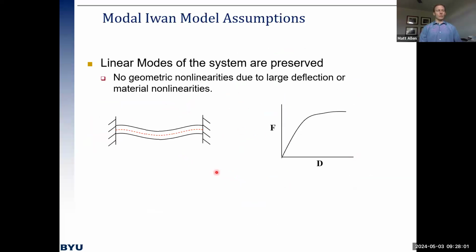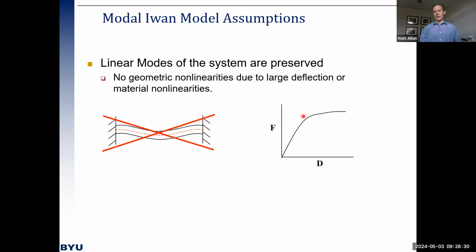So what are the assumptions? This assumes that we have weak nonlinearities. It works best when the stiffness nonlinearity is weak. So geometrically nonlinear structures such as a clamp-clamp beam will often violate this. We're ignoring any kind of plasticity or nonlinear elastic behavior like you might get with rubbers or something like that.